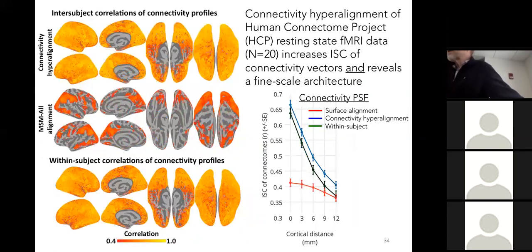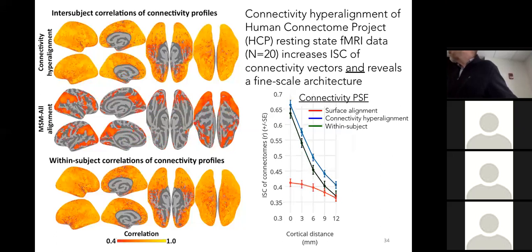And with connectivity hyperalignment, we don't need a movie any longer because we're looking at within subject functional connectivity. We don't need some kind of synchronous shared experience. Now we're looking at just shared connectivity patterns. So we can look at that in the Human Connectome Project, in resting state data. So we pulled some data from the Human Connectome Project, ran hyperalignment on it, and got a dramatic increase in the between subject, intersubject correlation of connectivity profiles.